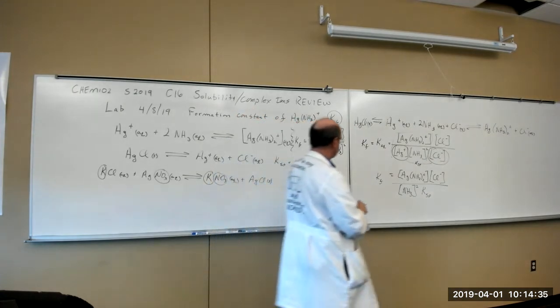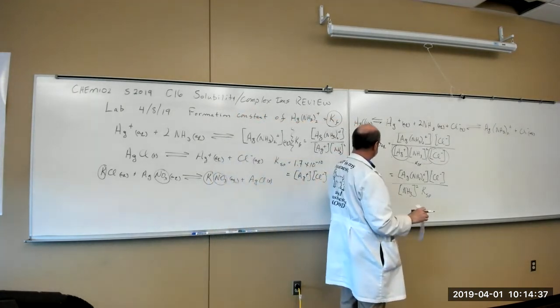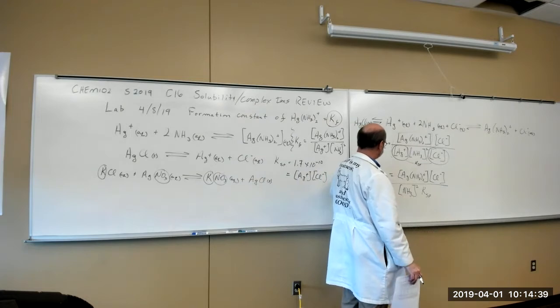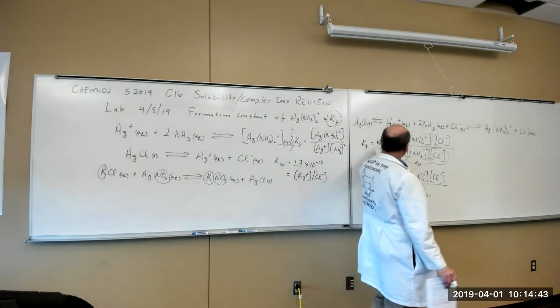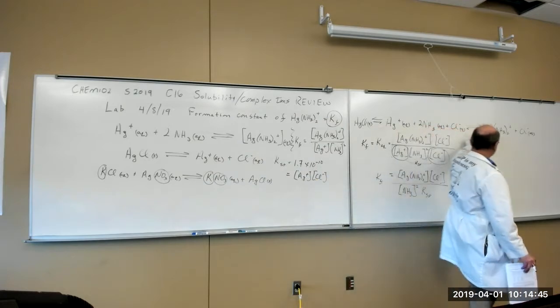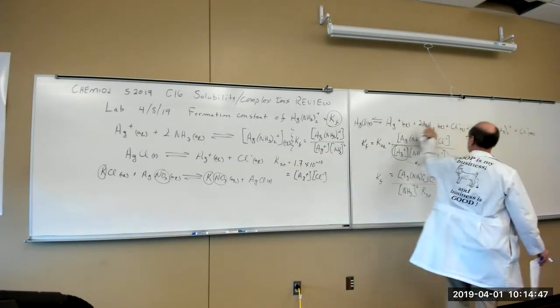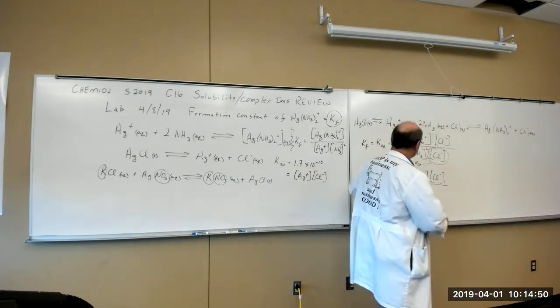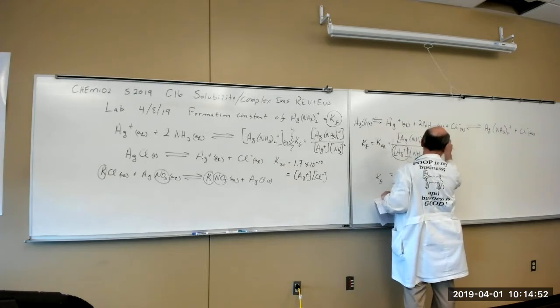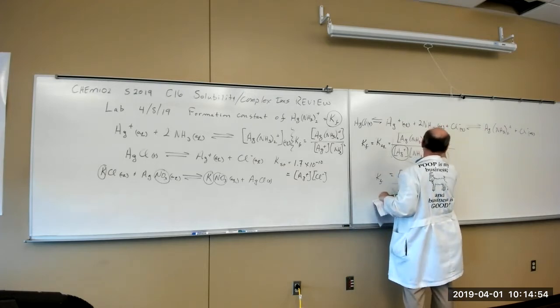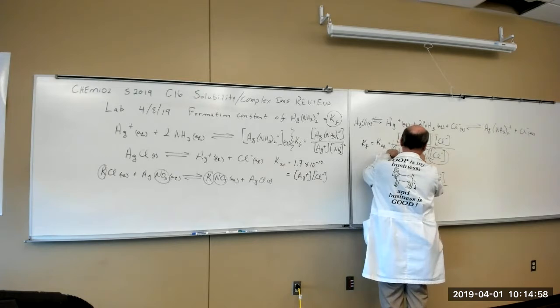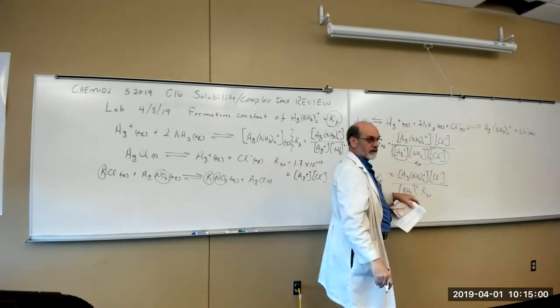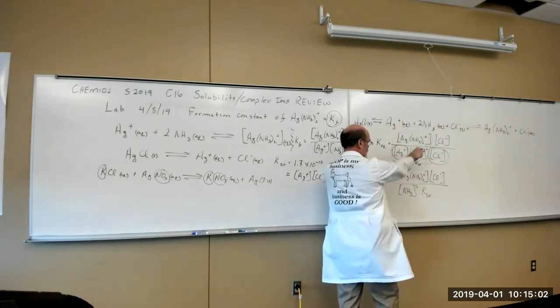KEQ, KF, so formation constant and equilibrium constant. I put this one in here first because that was this expression. But then I recognized that that divided by that is 1, so if we just make that 1, then this expression right here is the KF. So that's why this is KF also.